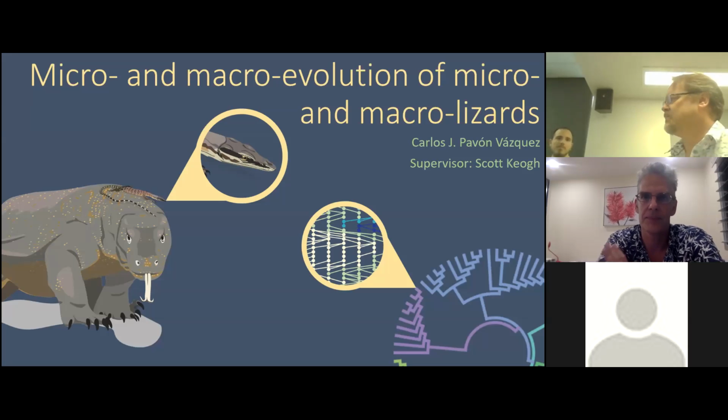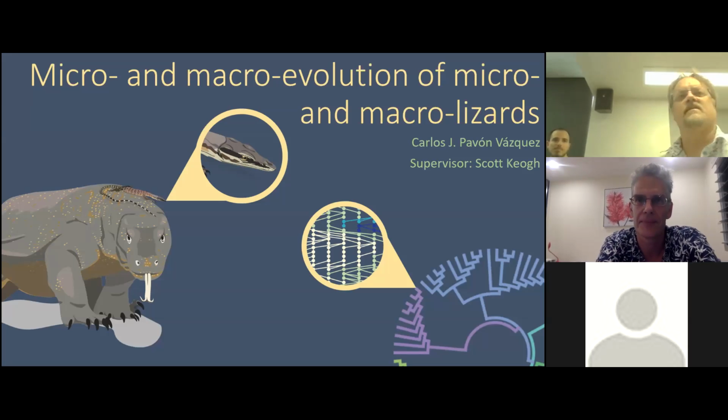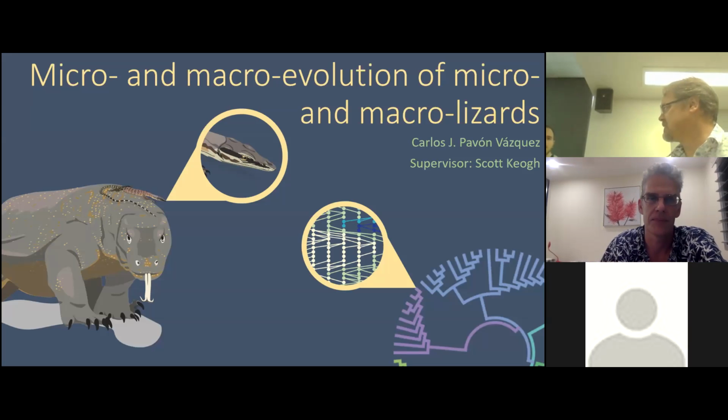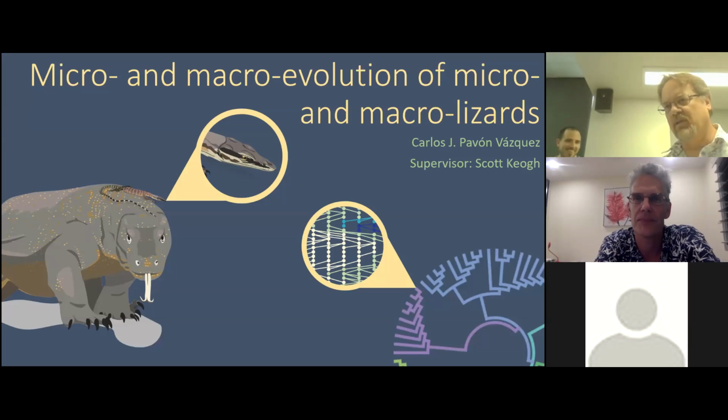So Carlos has published something like about 15 papers, another 15 natural history notes. He's an amazing artist. He's a musician. He's an all-around nice guy as well. And he's done a really amazing PhD too, which is what he's going to talk about today.